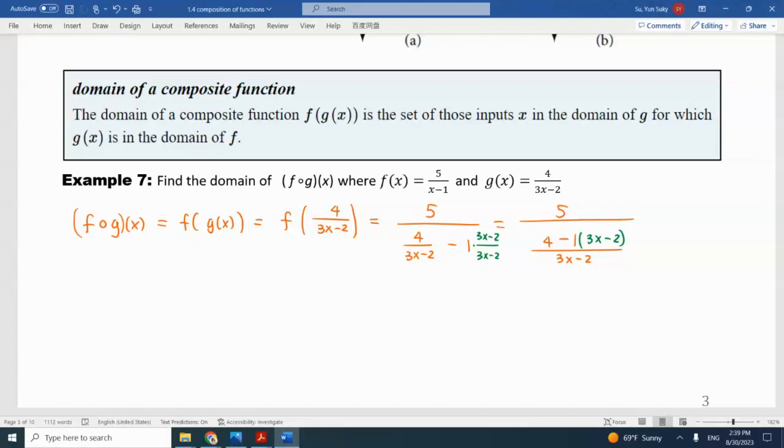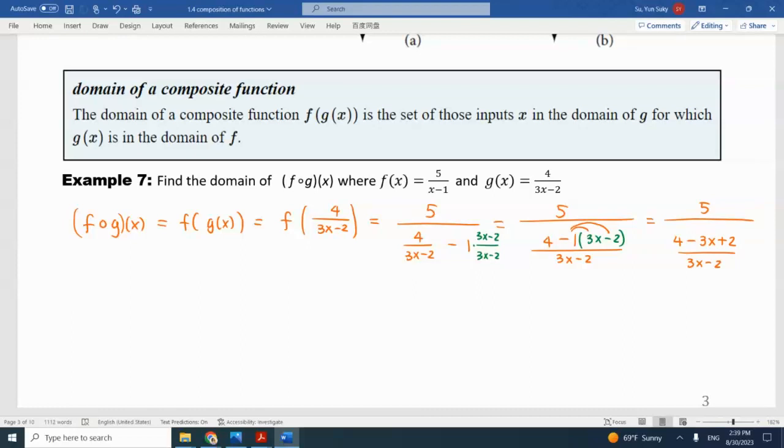Right. All right. So next we have 5. Simplify it. 3x minus 2. And you get 4. Now let's get rid of the parentheses. So we get minus 3x, right? And then plus 2.